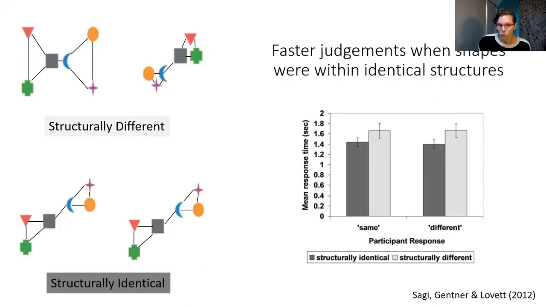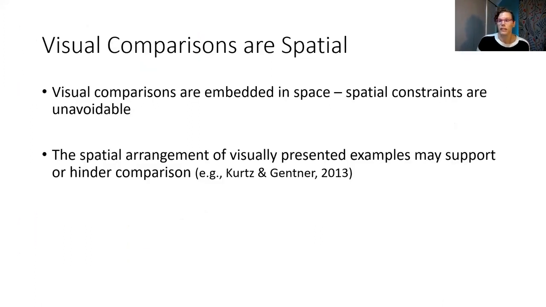So one takeaway from the study is that structure mapping seems to be a good explanation for how we engage in visual comparisons. But another important takeaway, I think, is that visual comparisons are spatial, inherently so, right? You can't avoid it. So for instance, in those previous stimuli, you can't really consider them as just isolated objects.